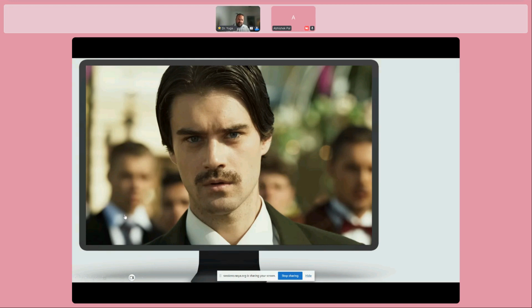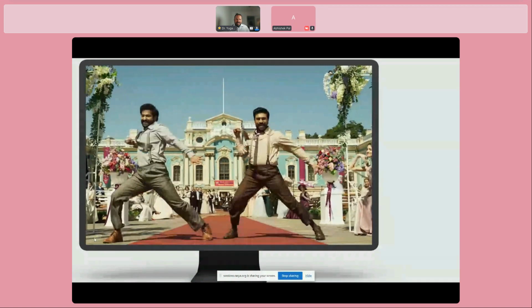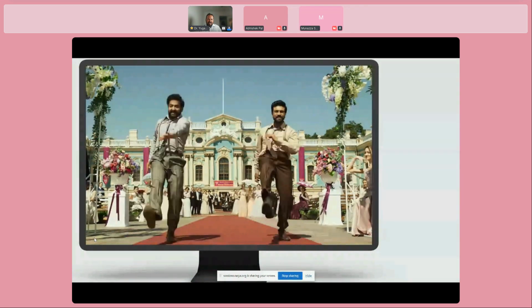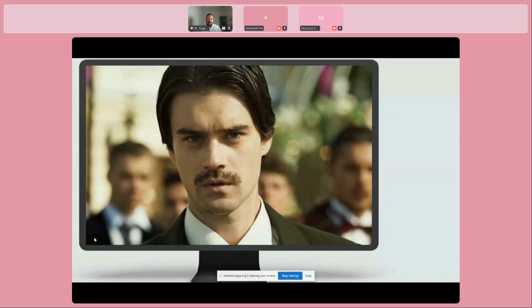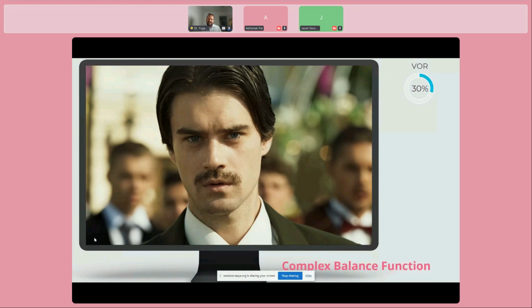So let me play it once again. Again, pay attention. The body is moving very fast, and they're going to jump at a certain point, and they're going to land again properly. So what systems are we actually looking at? It's a very complex function, meaning that more than two systems have to work together. Obviously, the vestibular system is key.